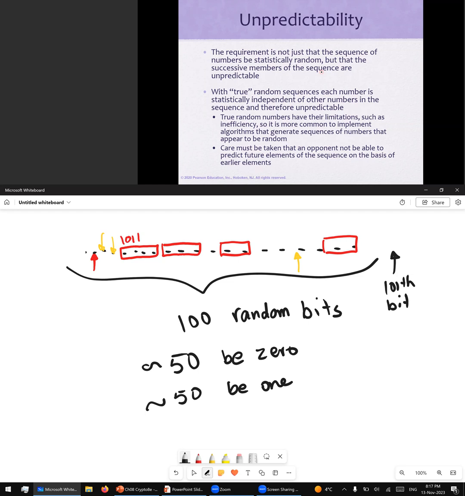Now, what we have basically is something we call true random sequences, right? So basically, in a true random sequence, each number is statistically independent of other numbers in the sequence. And so, by definition, it's unpredictable. However, generating true random numbers is not very efficient, and it brings more complexity than you would think. So that's why we actually don't opt for true randomness.